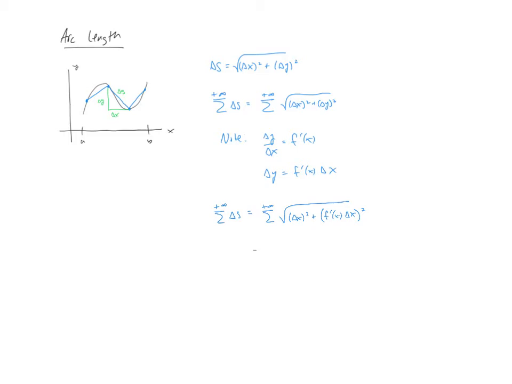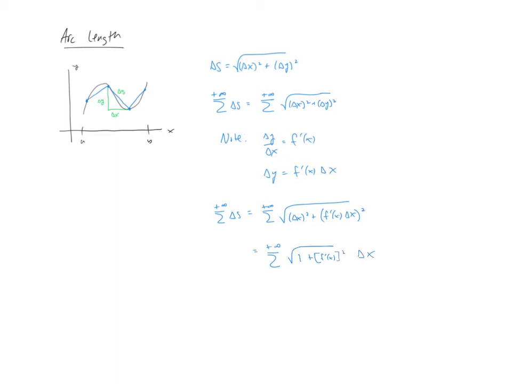And if I simplify this just a little bit, don't really have to do a whole lot to it. You can see here how I have a delta X squared there and a delta X squared there. I can factor that out from underneath, and then the square root is just going to give us the delta X on the outside. So we're going to have now the square root of 1 plus F prime of X squared with a delta X on the outside.